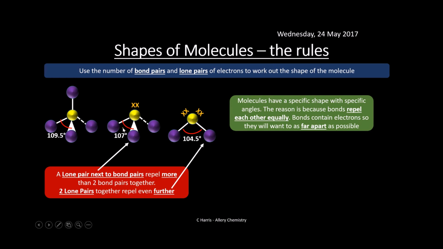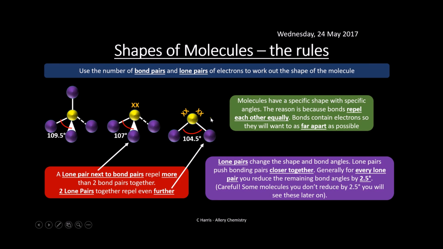And you can see the bond angle has been reduced by quite a bit, because we've got this extra repulsion between the lone pair and the bond pair. So lone pairs do change the shape of these molecules. Generally, for every lone pair that you have, you reduce the remaining bond angles by 2.5 degrees.